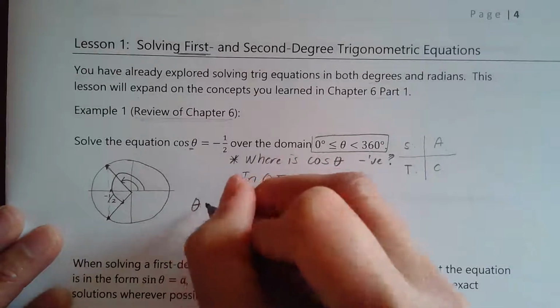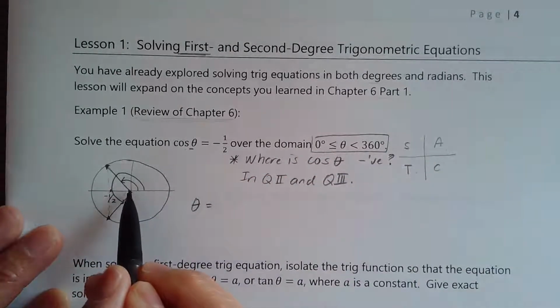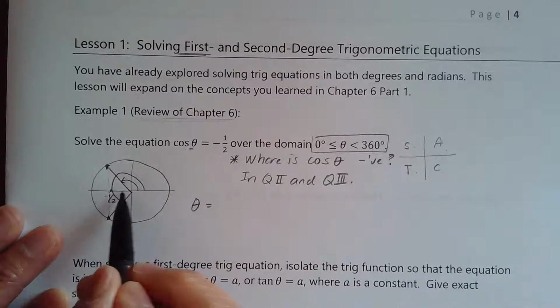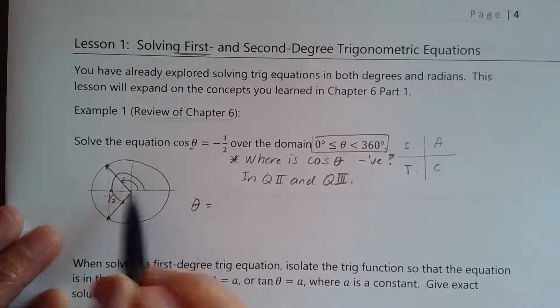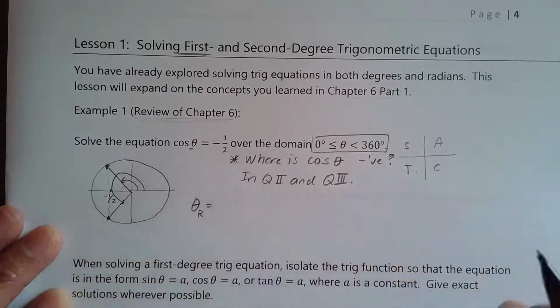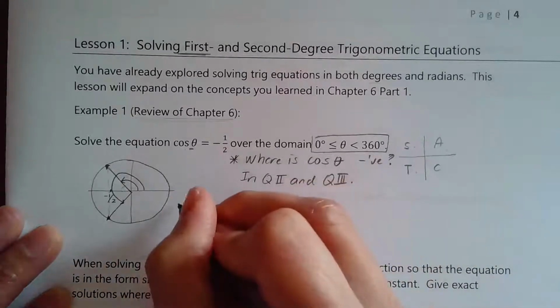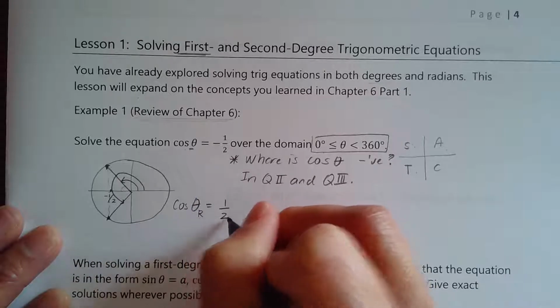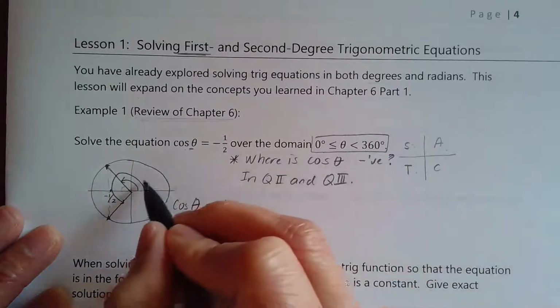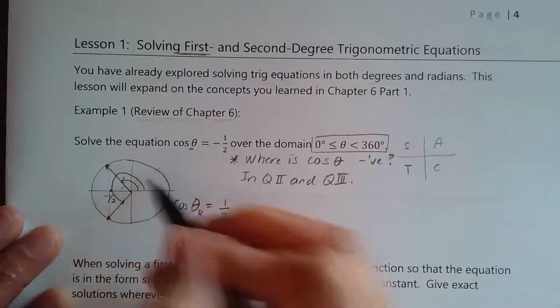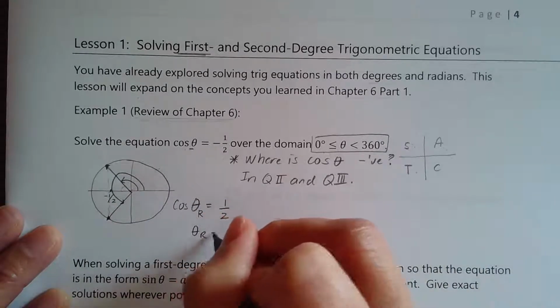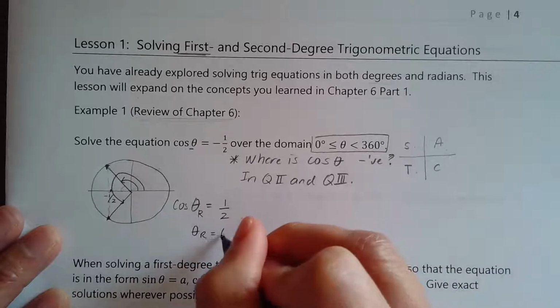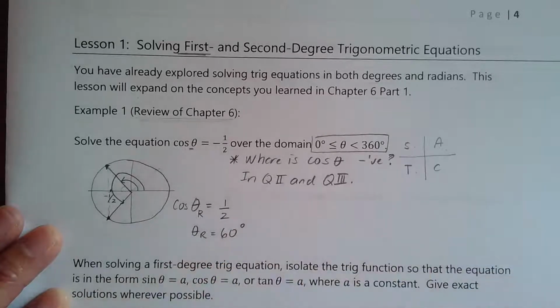So what does that mean? Well, where is cosine negative? The reference angle here is 60 degrees. Cos of a reference angle would be cosine of just a half. So if we were to look at the reference angle on the angle in quadrant 1, our reference angle would be 60 degrees.